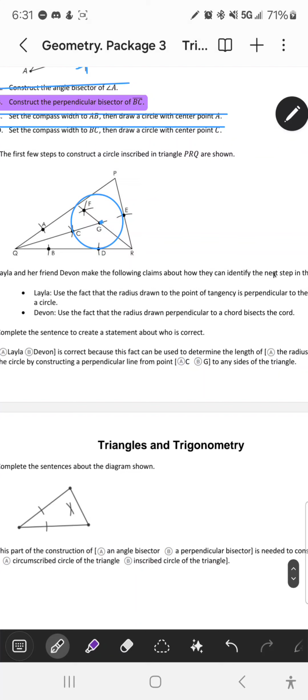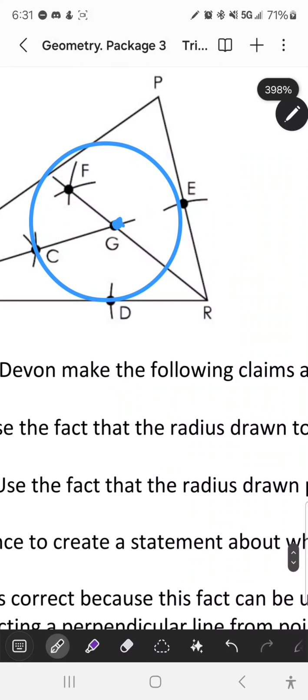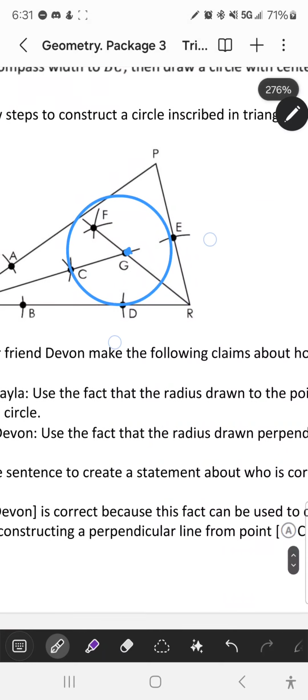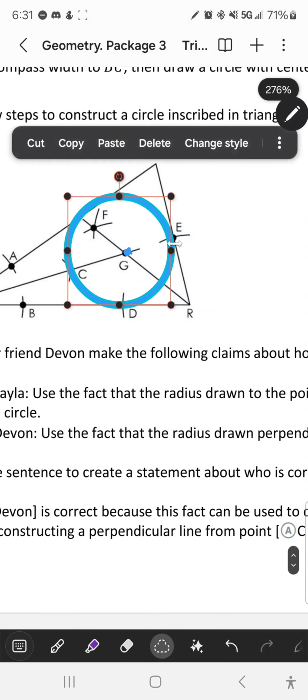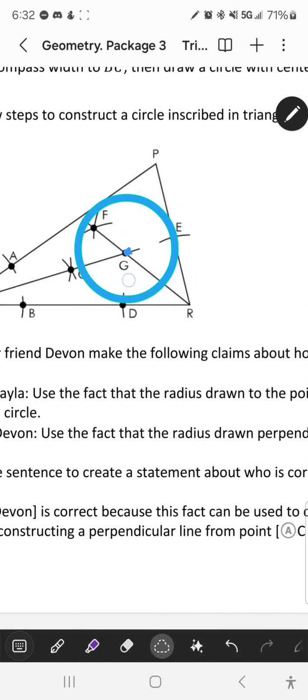Okay, now what they're saying is a property of the inscribed circle. Let me draw it like actually how it should be. A little bit bigger, more or less like that.